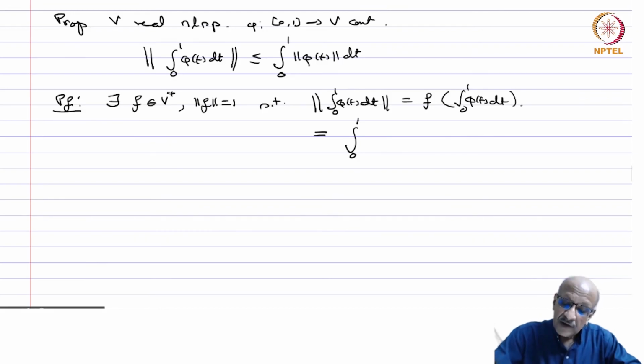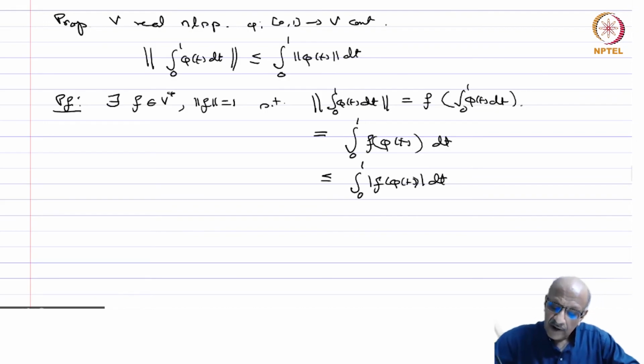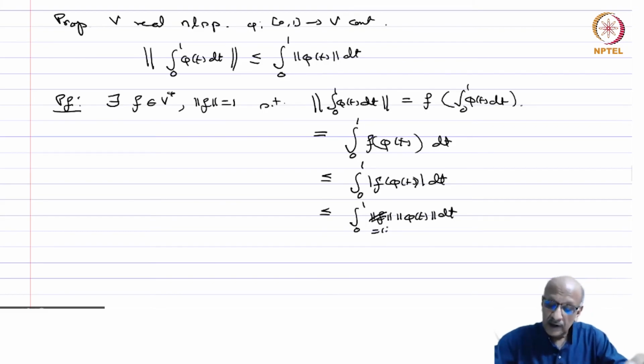By definition of the integral, this is equal to the integral 0 to 1 of f of phi t dt, which of course is less than or equal to the real valued integral 0 to 1 of mod f of phi t dt. But f is a continuous linear functional, so this is less than or equal to norm f times norm of phi t dt, and norm f is equal to 1, so you don't have to worry, and then you have proved this result. Okay.